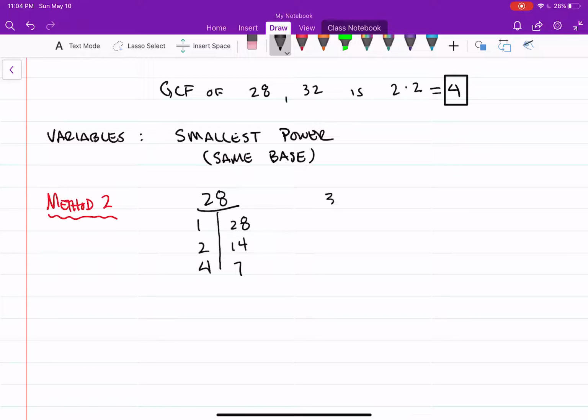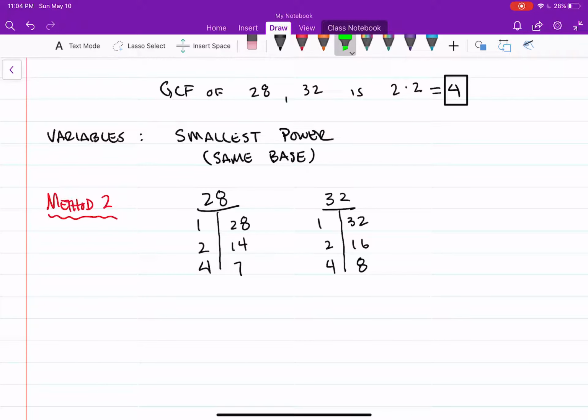If I broke down 32, it'd be 1 and 32, 2 and 16, 3, 4 and 8, 5, 6, 7, 8. Well, 8 is already back here. So these are my factors of 32. And if you're looking at it, it's the greatest common factor.